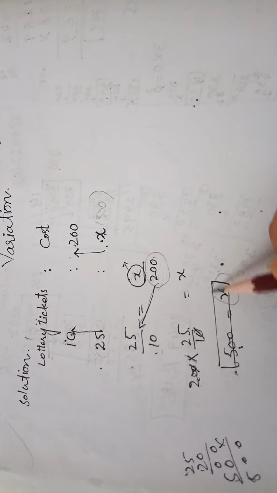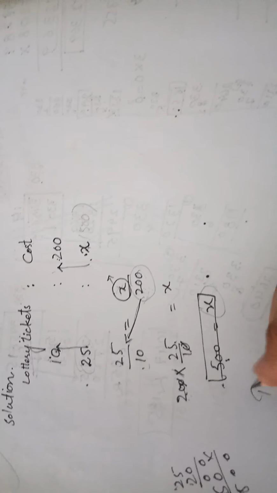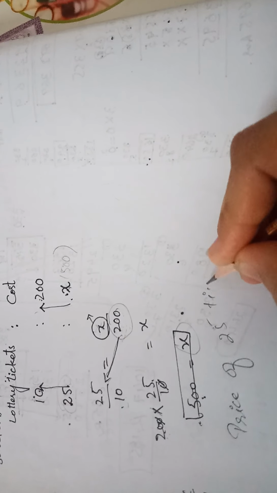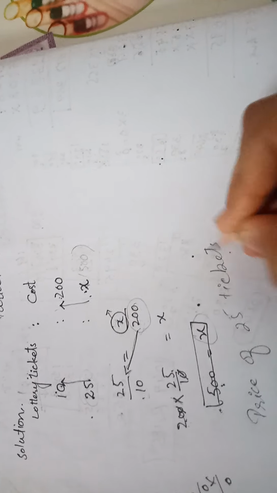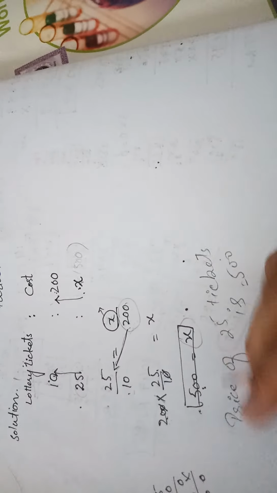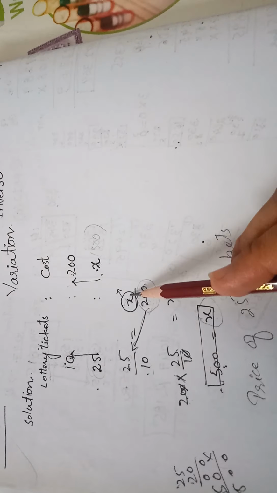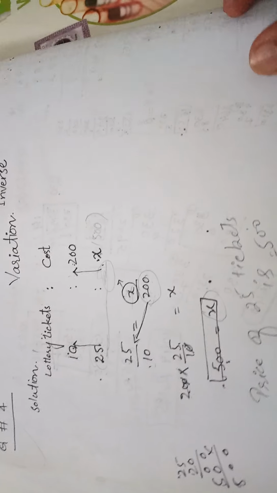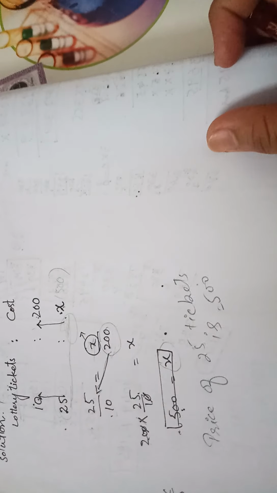So x is the cost of 25 tickets, so x is 500. Price of 25 tickets is 500.